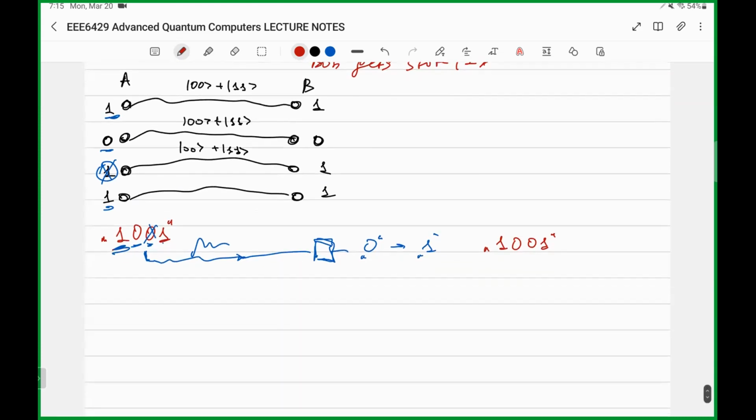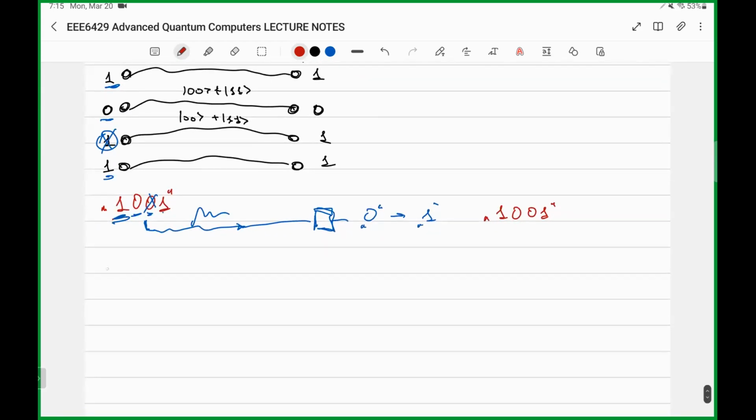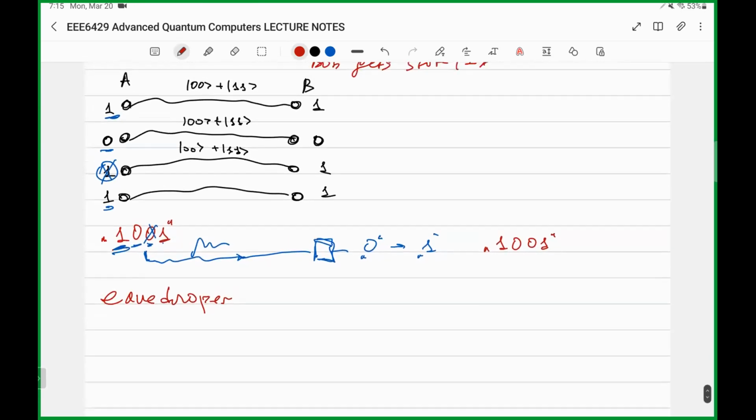The other person, we call him or her the eavesdropper. So the eavesdropper is a person who tries to get this information, because the information can be a secret.